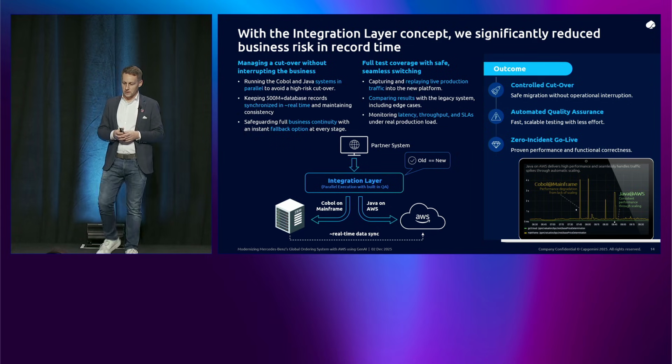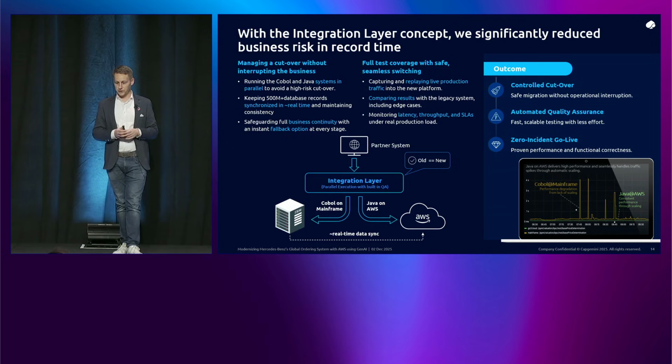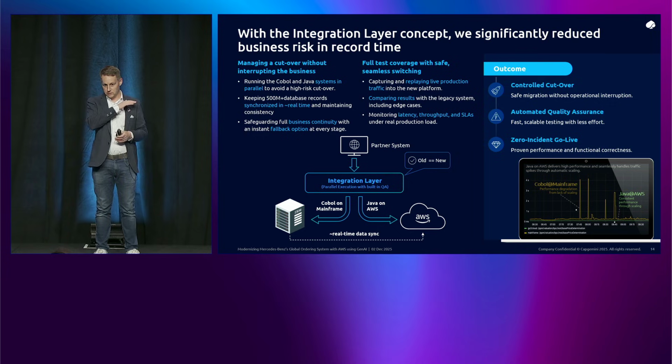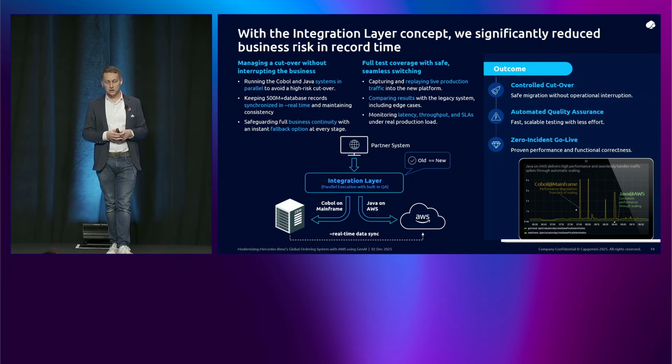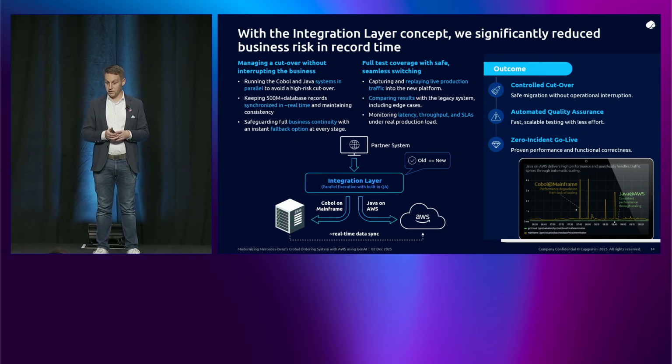Green is the one in Java, and you see it has been running in parallel for quite a while. That's just the testing that I mentioned, and then at a certain point in time, we were able to just cut it off. The performance is just better all the way, and even spikes you can handle much better on AWS, obviously, than you would be able to on a mainframe system.